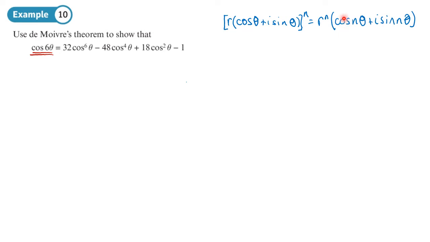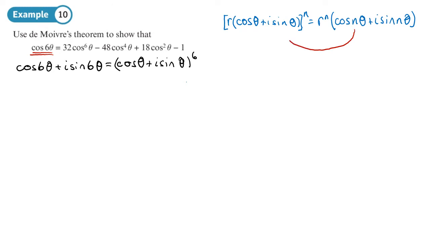So I'm going to write down de Moivre's theorem almost the other way around. So cos 6 theta, this is the bit I'm interested in, plus i sine 6 theta, using de Moivre's theorem the other way around, will be equal to cos theta plus i sine theta, all raised to the power 6. So I'm using it starting from this side, saying this is where I'd see cos 6 theta if n was 6, and then I can use it this way around. Let's put an arrow to show that we're using it this way around.